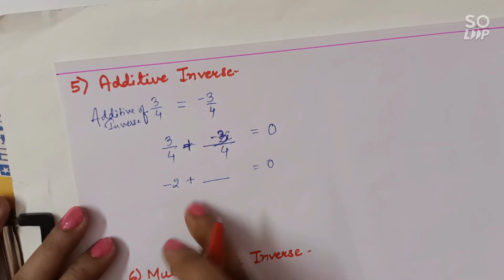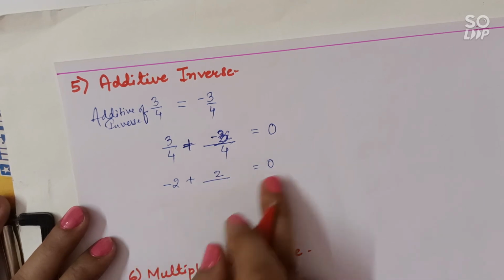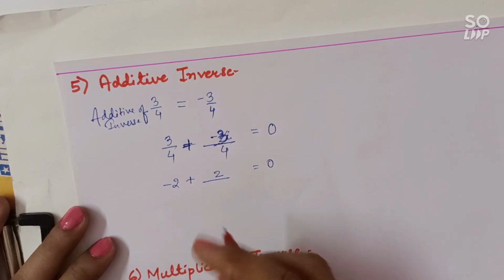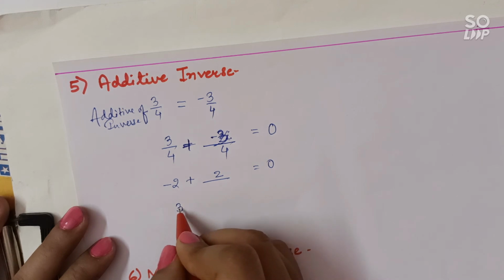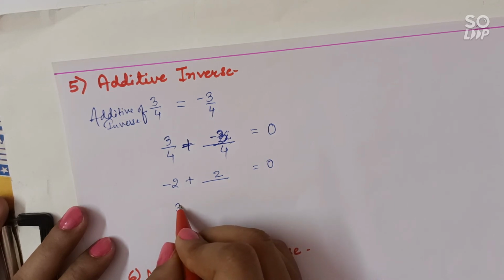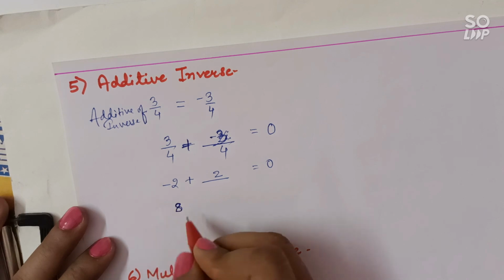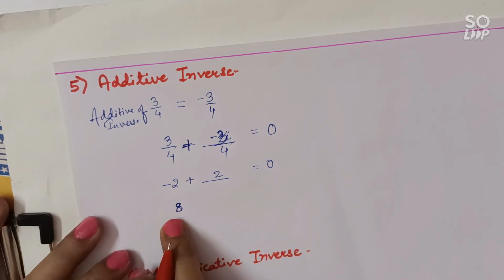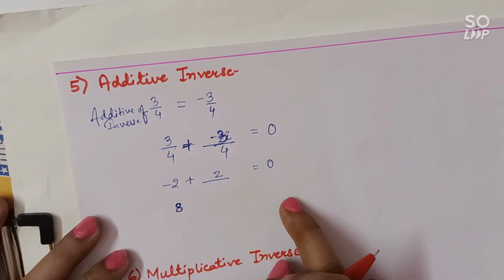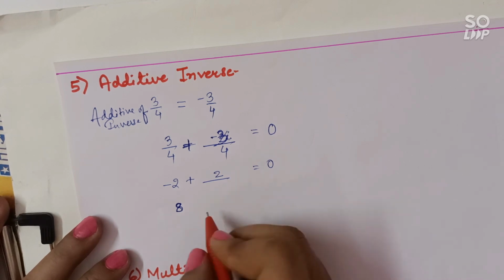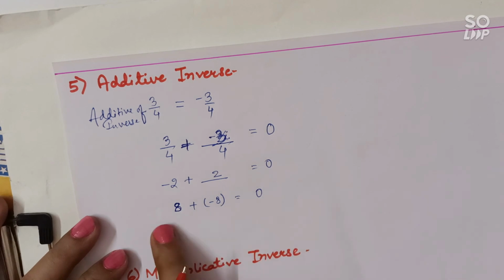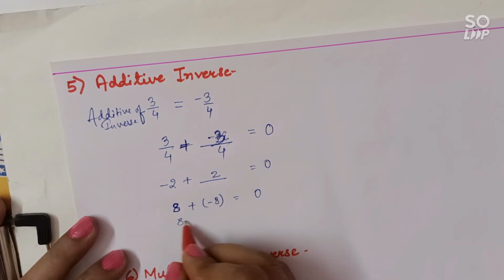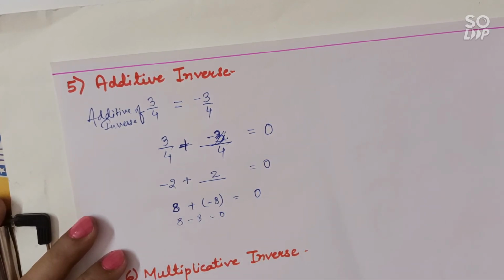Obviously the positive part of it, that's 2. 2 minus 2 will give us 0. Suppose you just make it 8. What you are going to add with 8 so that your sum is 0? Obviously if I add the negative 8, I'll get 0. 8 minus 8 will give me 0.